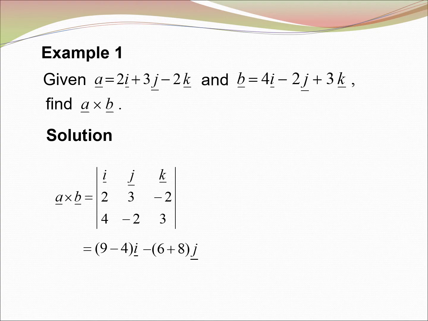Eliminating the first row and second column, we get 6 plus 8 for component j, and eliminating the first row and third column, we get negative 4 minus 12 for k. Simplified, we get 5i minus 14j minus 16k.